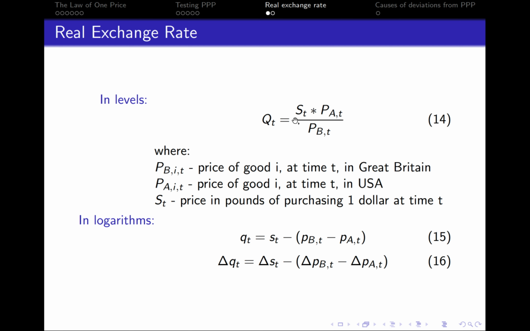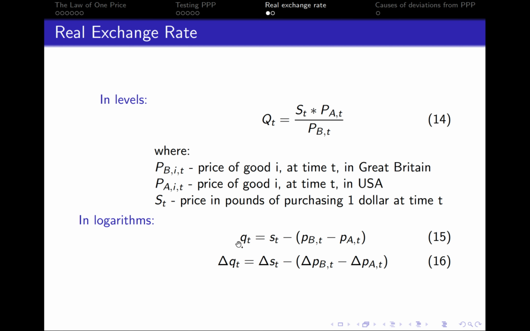These are relative prices expressed both in British pounds. So look, before we were assuming that this is 1, but we no longer do. And before we say what the real exchange rate is telling us, let's go to the formulation in logarithms.